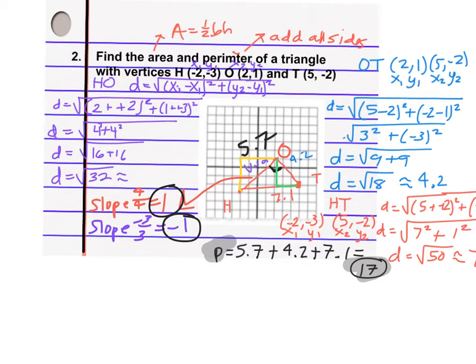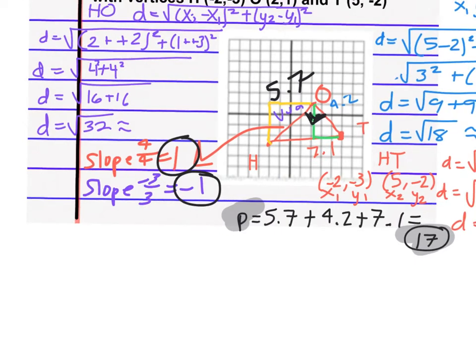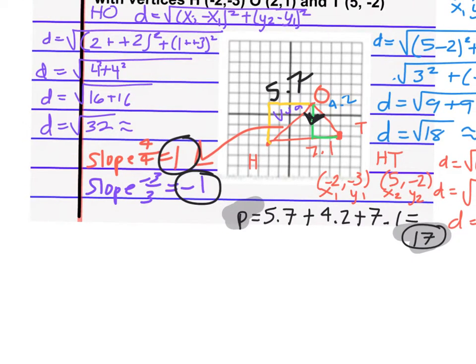So 1 and -1 are negative reciprocals. So this is a right angle because those lines are perpendicular. So what does that all mean? Why did I just do all of that? Great question. Since this is a right angle, 5.7 is the base of my triangle. 4.2 is the height. So I can just plug those into my area formula.